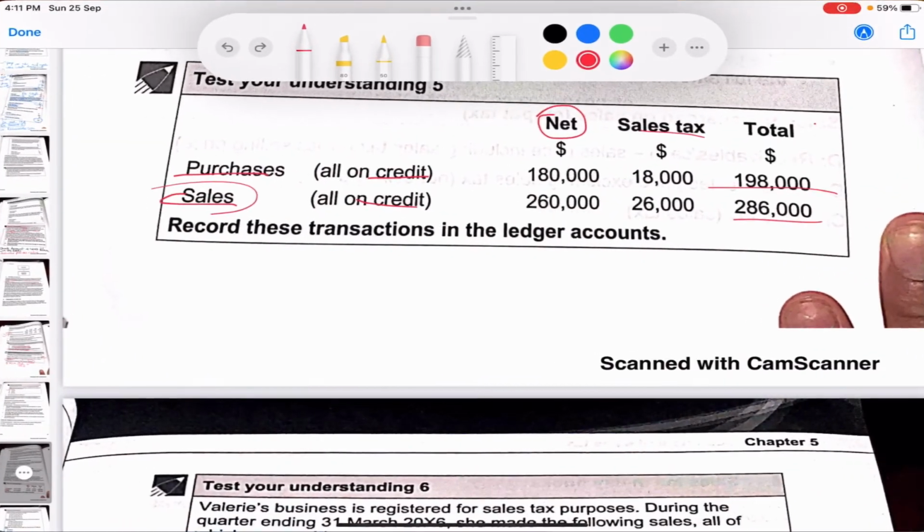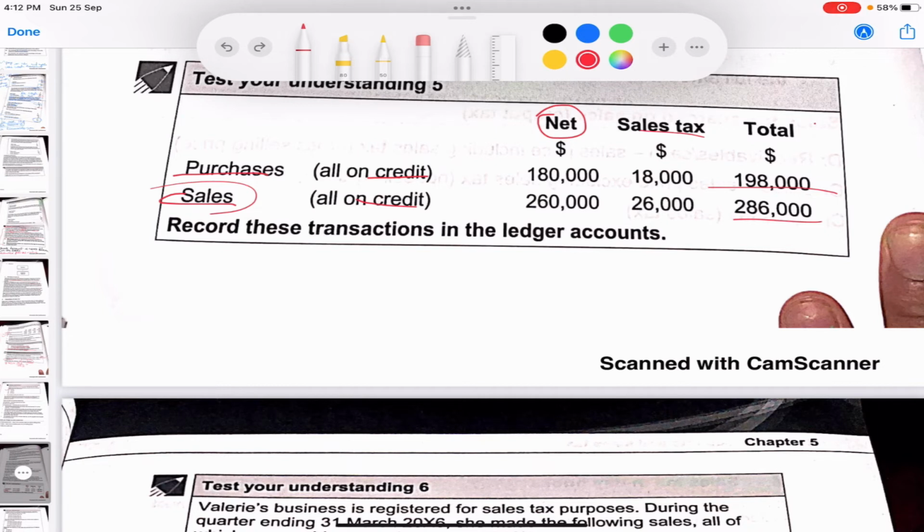We have the sales, which is nothing but, okay, how are we going to record? Same thing again. Sales are recorded excluding the sales tax. Why? Because it is not the income. So when you make a purchase, the tax is not our expense, and here in receivables the tax is not our income because we have to pay it to the government.